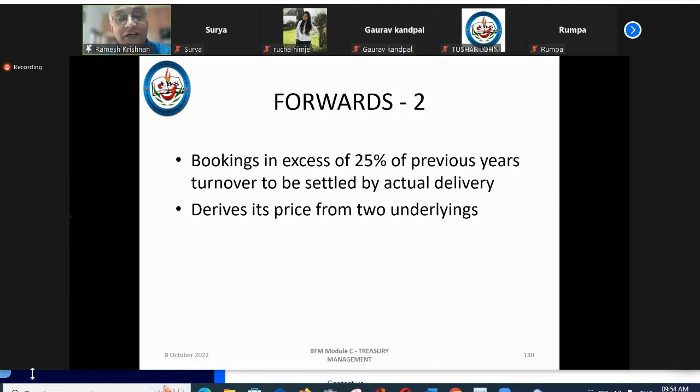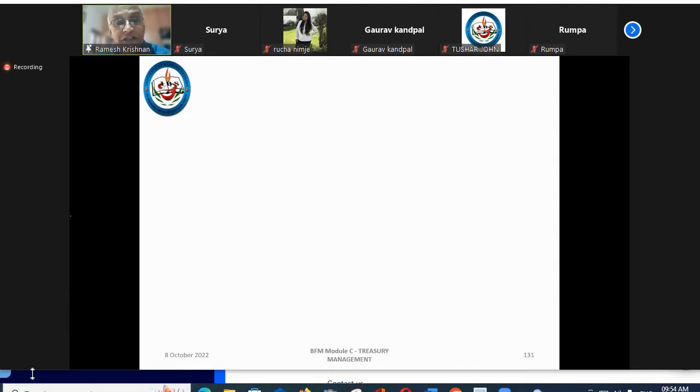Which currency will be at a premium, everything will be covered in a module. But now, for forwards, what happens? The two underlyings are today's spot price and today's forward premium for that maturity or for that tenor.